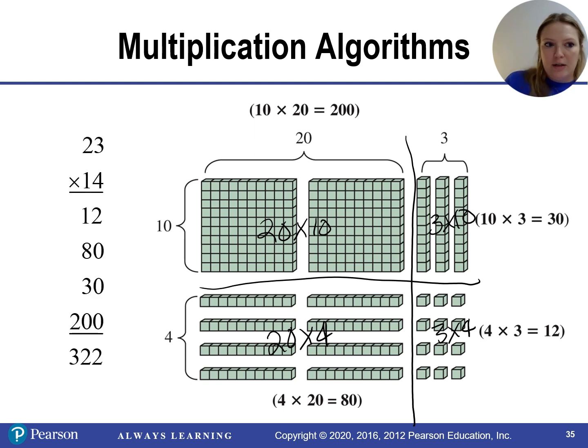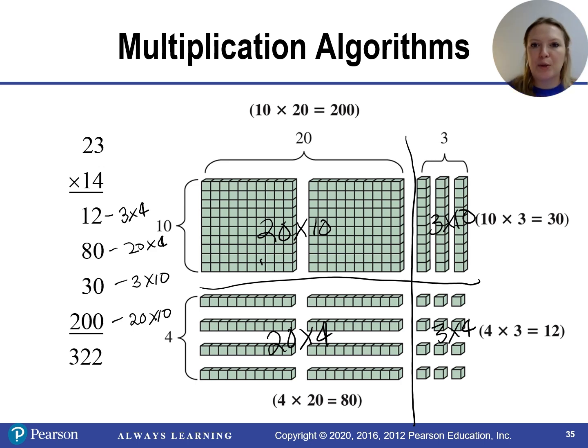I could break it down and write out each of the partial products here. So 3 times 4, 20 times 4, 3 times 10 and 20 times 10. And together I get 322.